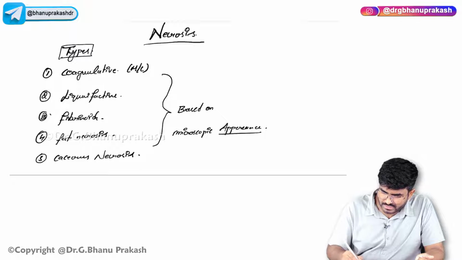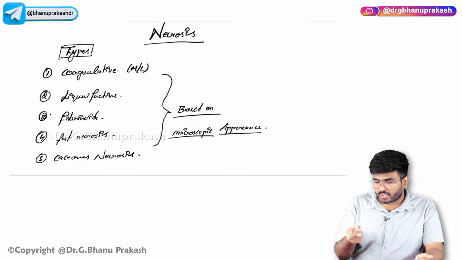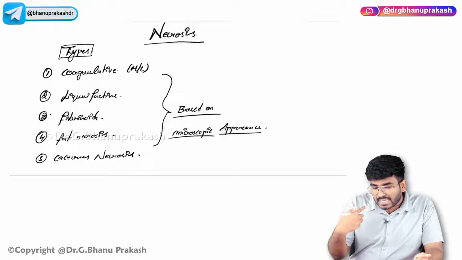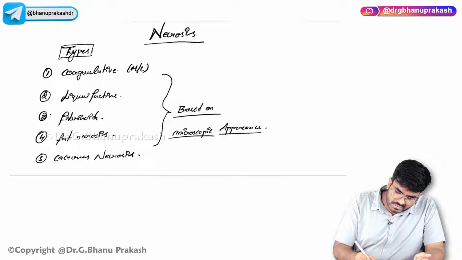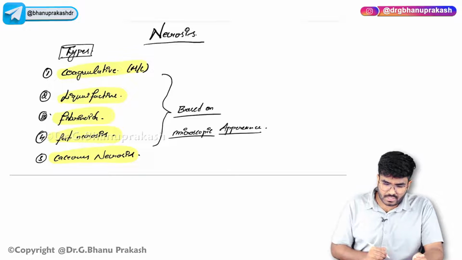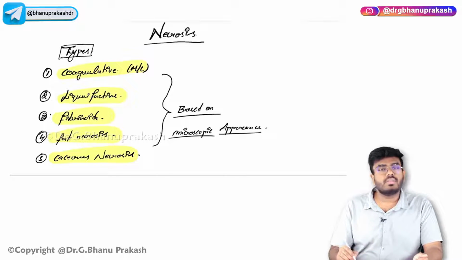After the cell death, take that sample and put it under the microscope. Based on the microscopic appearance, necrosis is divided into different types, mainly these 5 types.